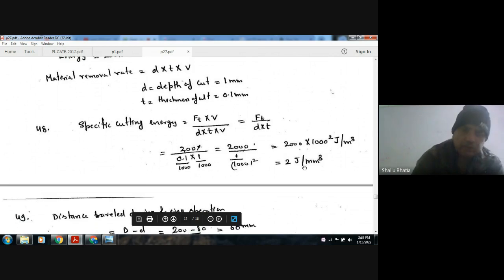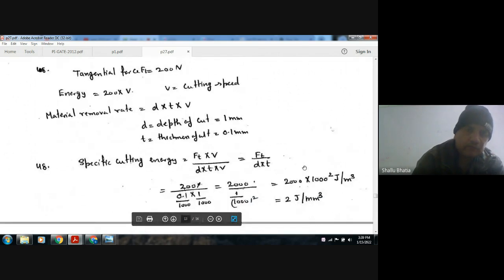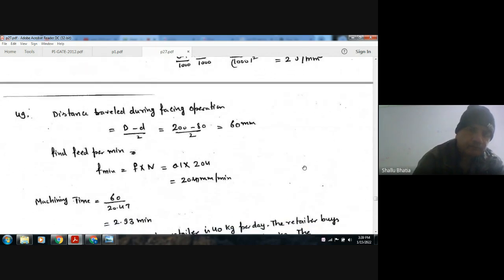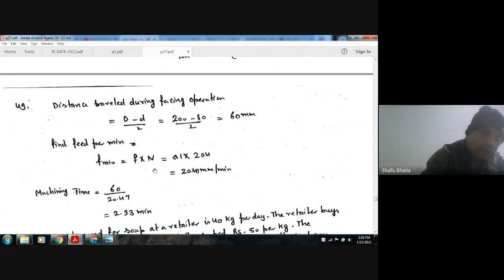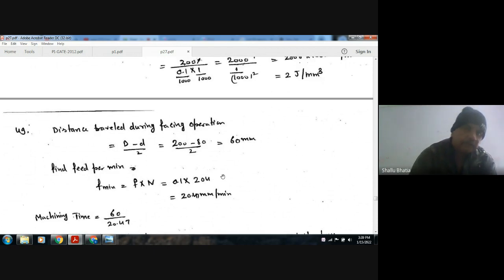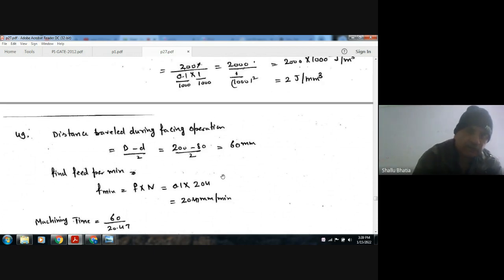Now for the second part, we have to calculate the feed in mm per minute. If you multiply f into n, this will be 20.47 mm per minute. The distance traveled during facing: the outer diameter is D, the inner diameter is small d, or here 200 and 80.